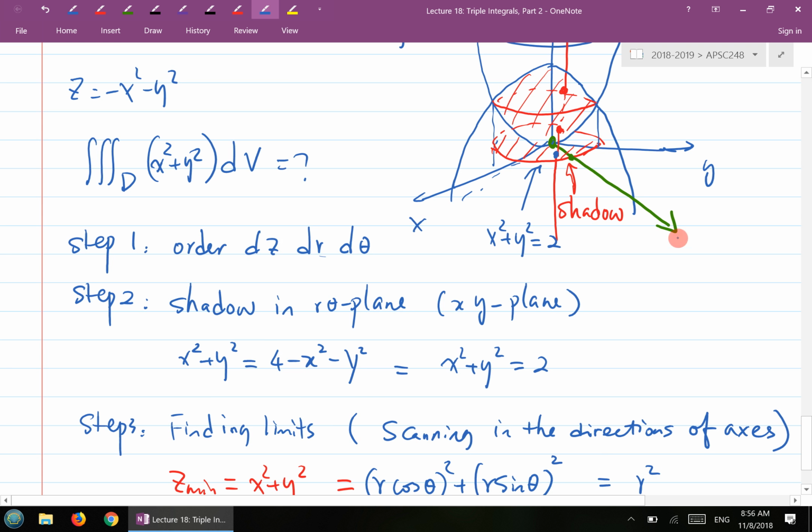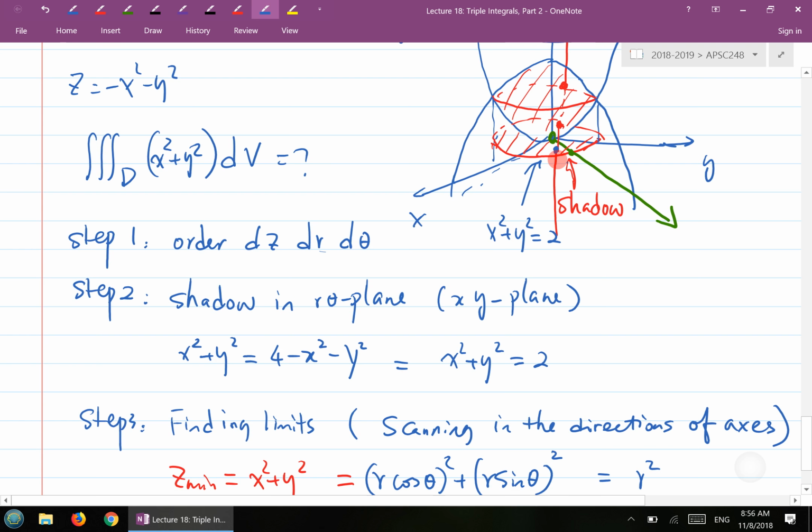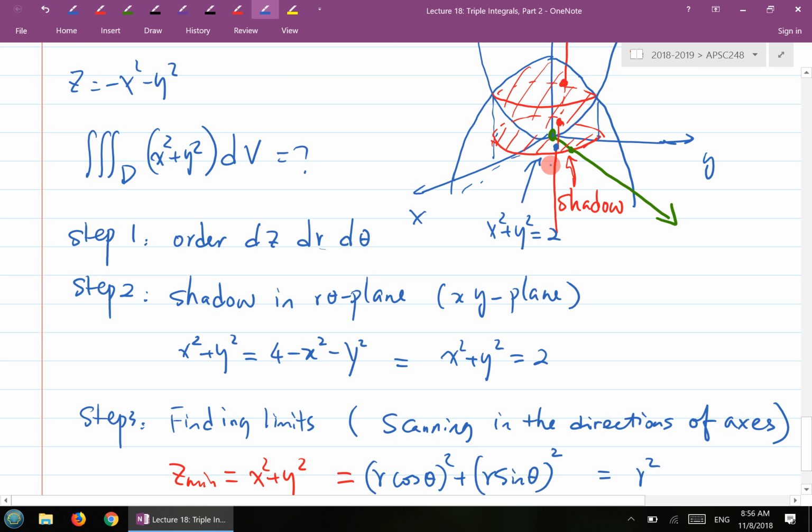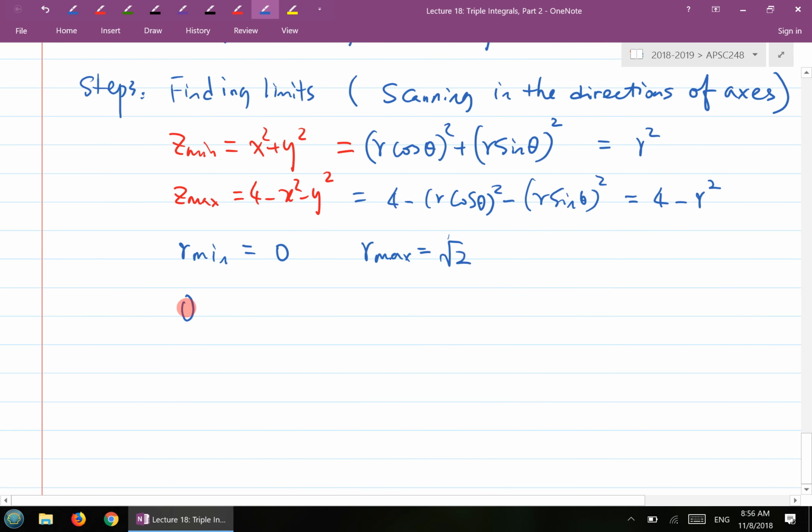And last step, rotate this reading line starting from the x-axis and rotate across the whole shadow. The whole shadow is the circle. So your theta min and theta max is from 0 to 2 pi. Okay, so that's how you find the theta min and theta max.